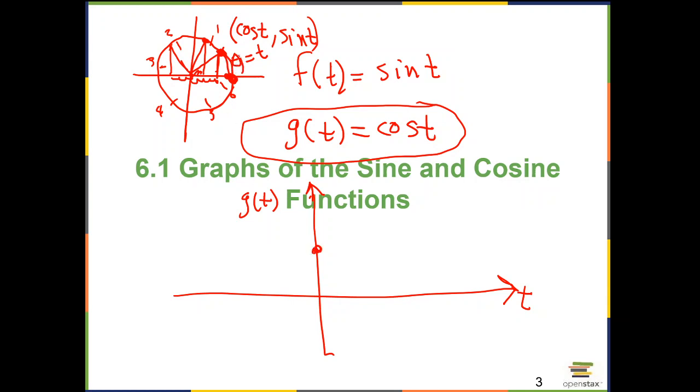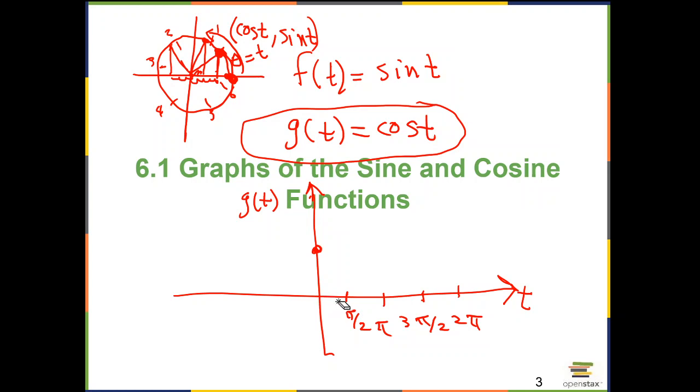And then as we go around, cosine, let's say at 45 degrees, is square root of 2 over 2, which is about 0.7. So at 0 it is 1, and maybe we divide 2 pi into 4 parts, and this is pi over 2 here, and this is pi, and this is 3 pi over 2, and this is 2 pi.